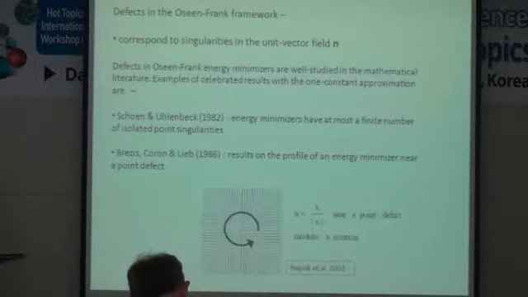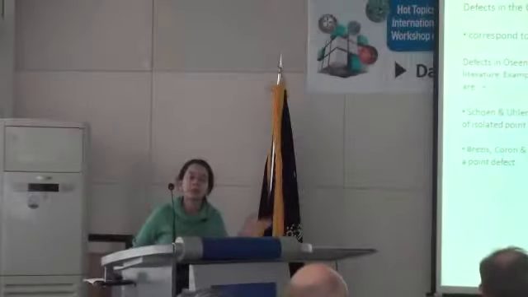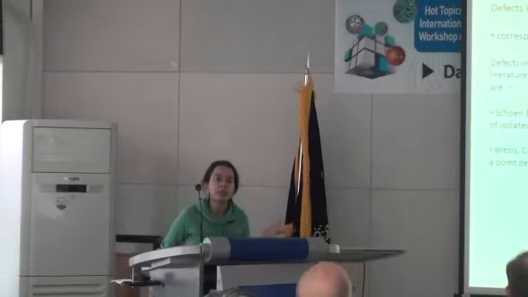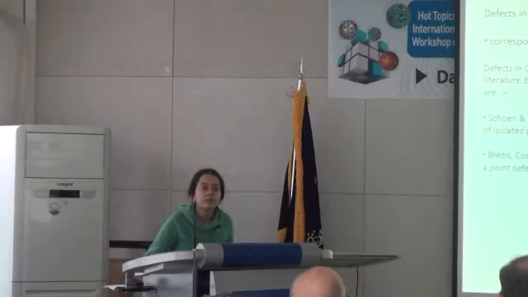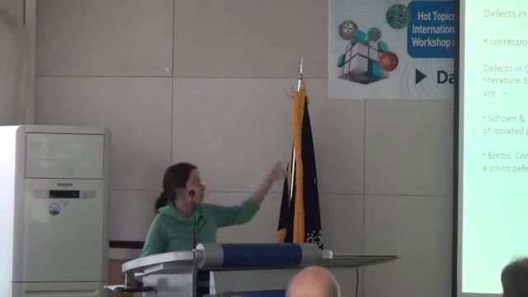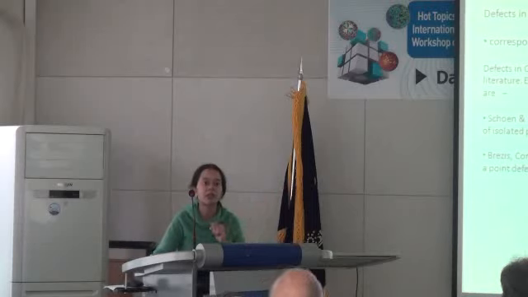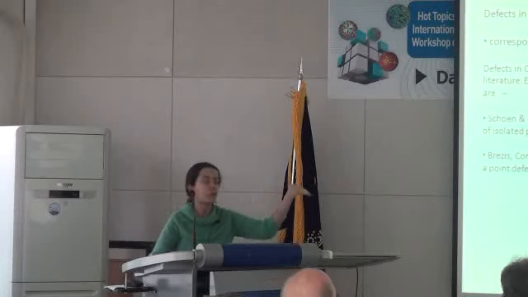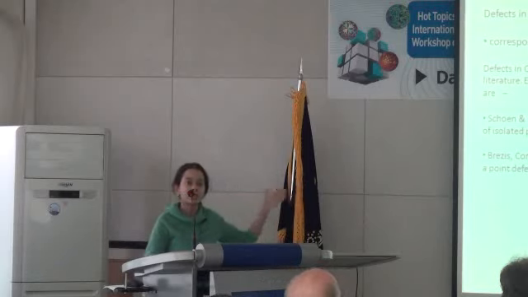Now the Oseen-Frank theory, yes? Your model is not the Oseen-Frank model. You're very simple. It's the one-constant approximation. Well, it's a special case of the Oseen-Frank if you set all the elastic constants to be equal. But what I'm saying isn't so much dependent on the values of the elastic constants, because my work is really modeling defects in the Landau-de Gennes theory, and this is sort of starting with the simplest.